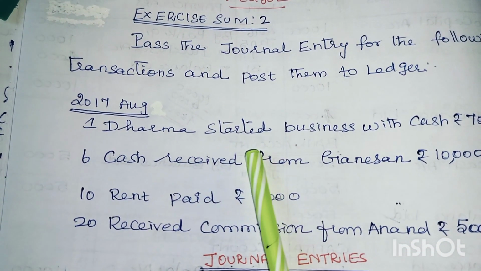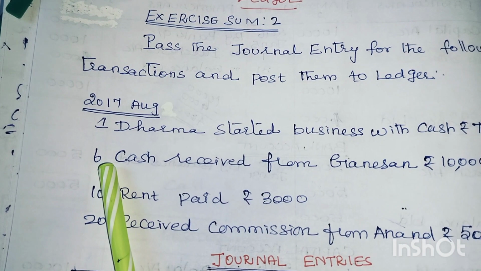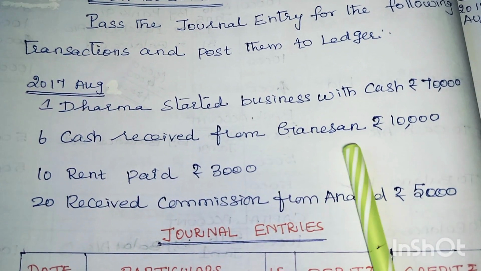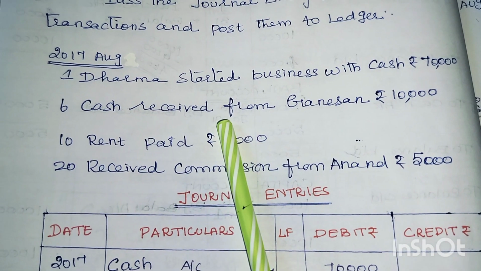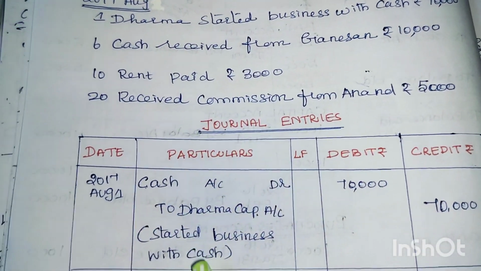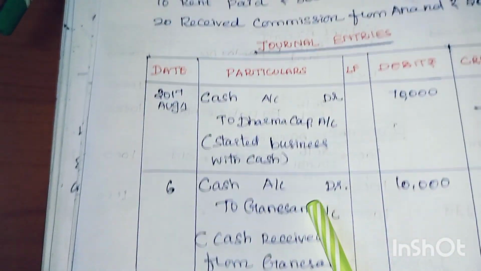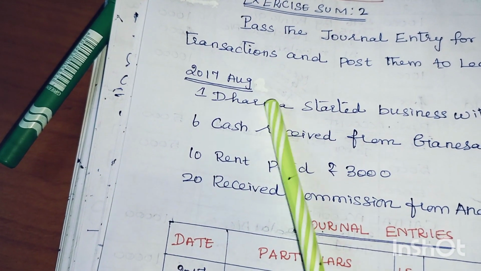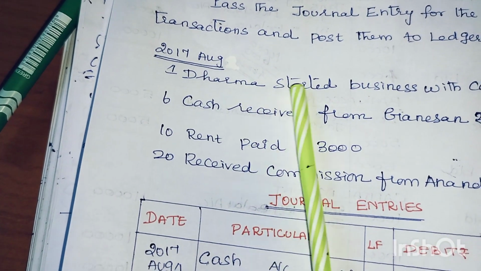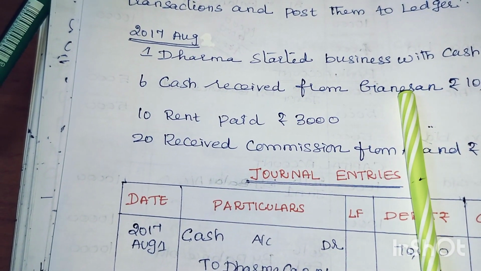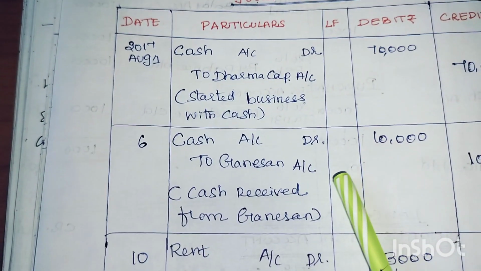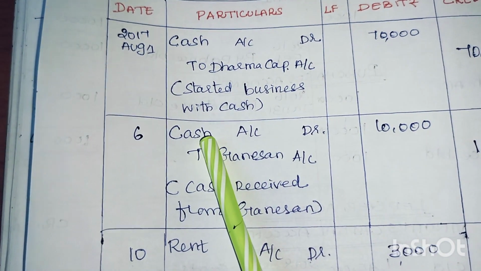The second transaction is August 6, cash received from Ganesan rupees 10,000. Cash received means cash comes into Dharma's business because Dharma started business. Okay, this is Dharma's journal entry. So cash received from Ganesan, which means cash comes into Dharma's business, means cash account debited.